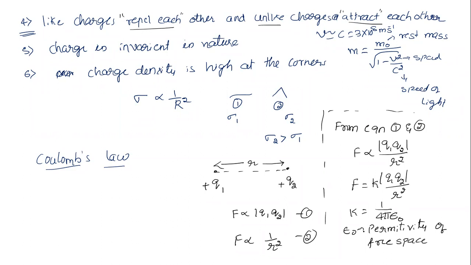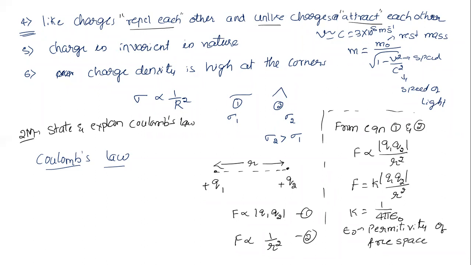Okay, now I have to continue this one. Before going to that, sir, what exactly is the statement, if you want to write it for the exam? This will be asked as a 2-mark question. What type of questions will come? State and explain Coulomb's law.